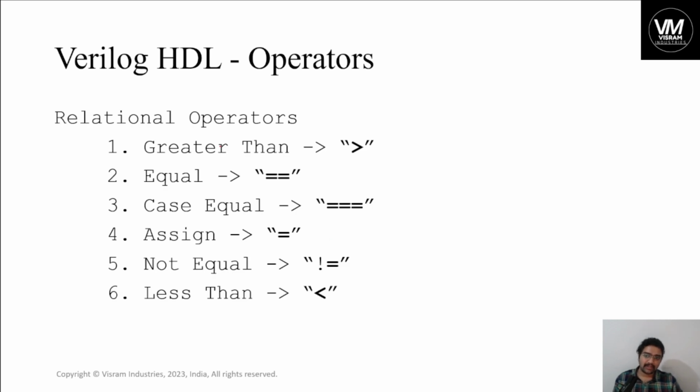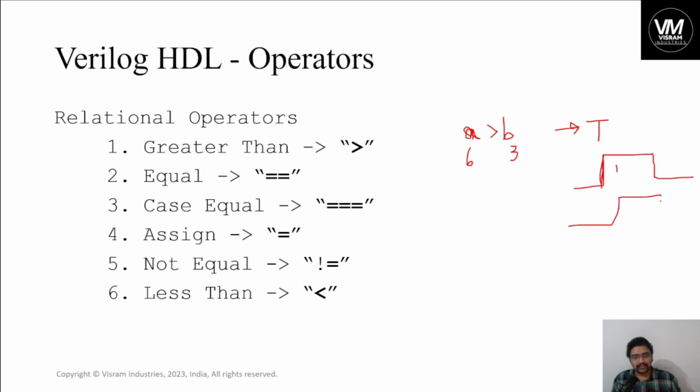Now coming to the relational operators. These are equally helpful and useful at certain times, because of comparison between two different statements. If A is greater than B, I mean if A is a value of 6 and B is a value of 3, yes, this gives a true value, and when it is true we can define, okay, the clock should be 1, so the clock should be enabled, and then the data should also follow the clock.